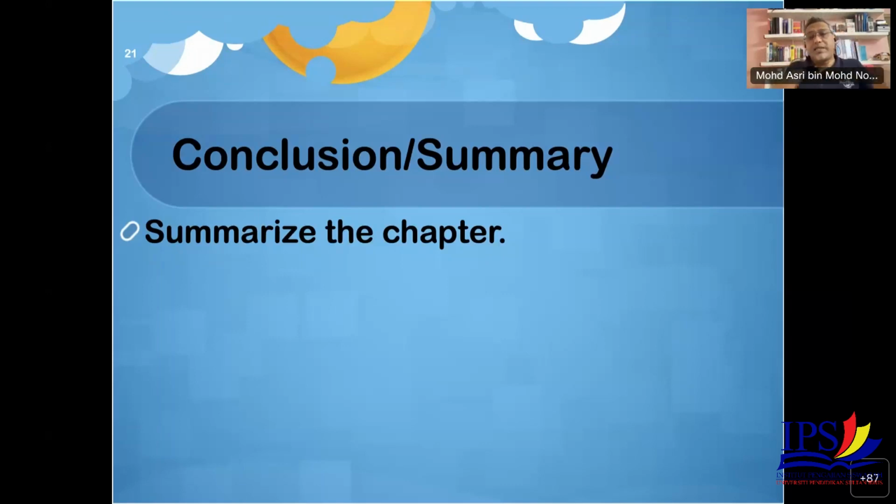I always advise my students to do this, just to link chapter 1 to chapter 2 in your project paper, to make it smooth and coherent. So please have that link, or transition sentence.